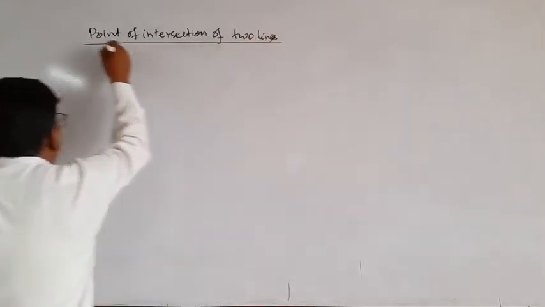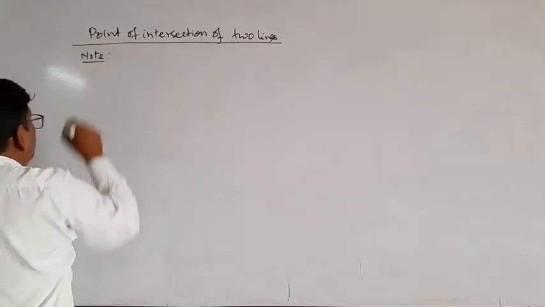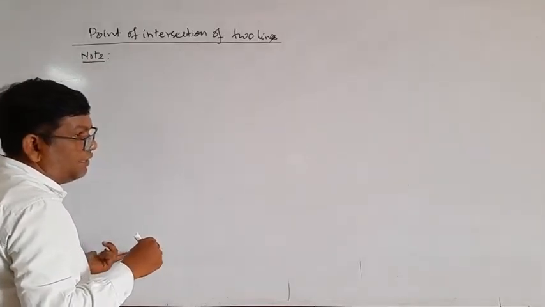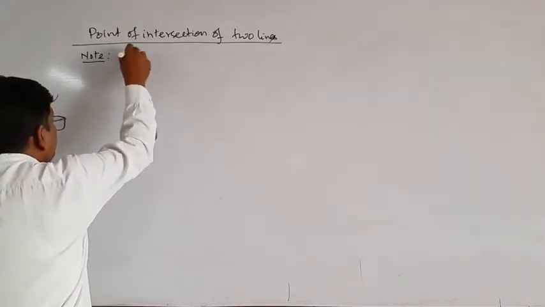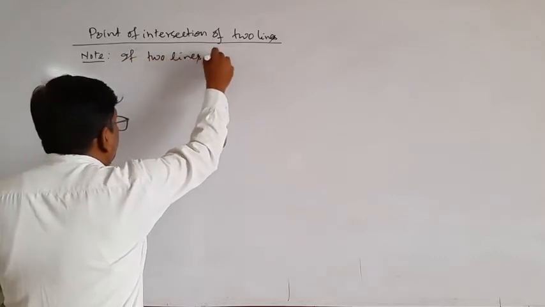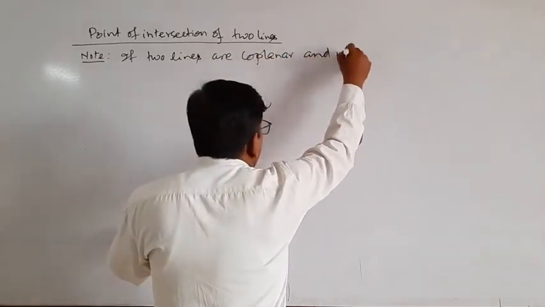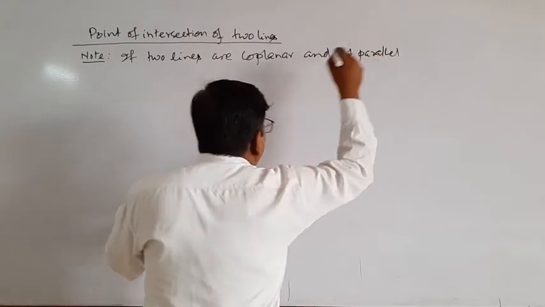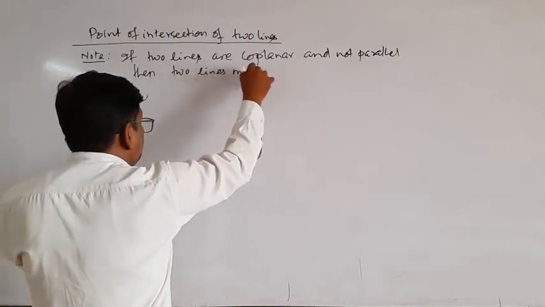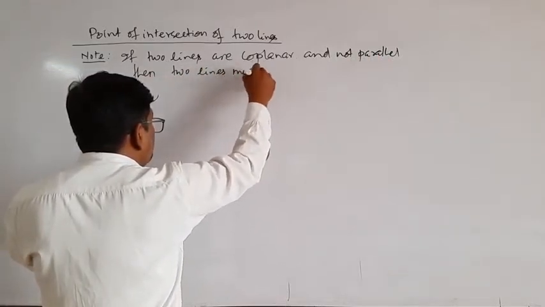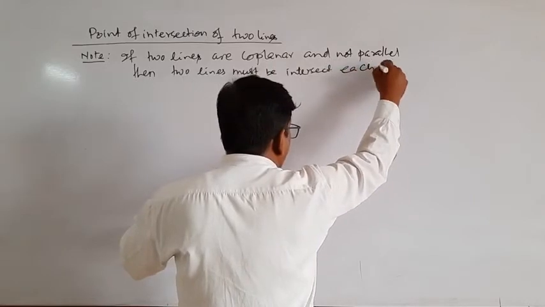One thing to note here: if two lines are coplanar and not parallel, then the two lines must intersect each other.